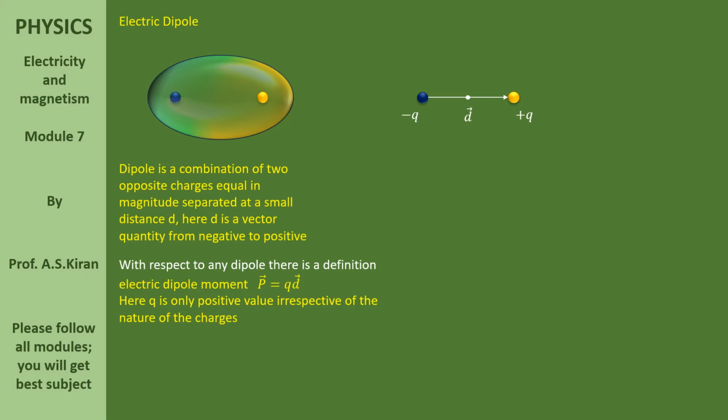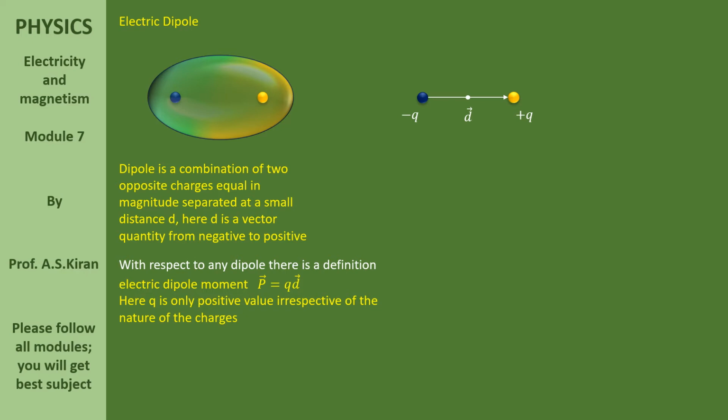Now, with respect to a dipole, we have a physical term called electric dipole moment. What is that? Electric dipole moment is denoted by P bar. P bar is equal to Q times D bar. What is Q? Charge.